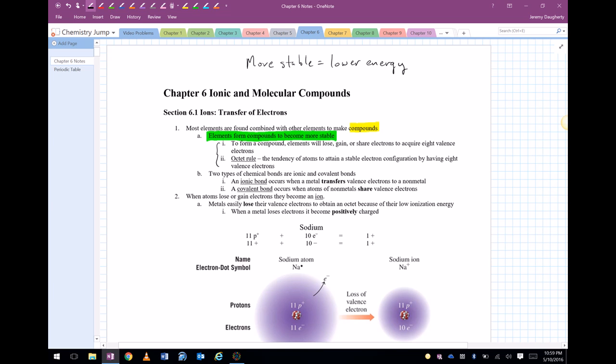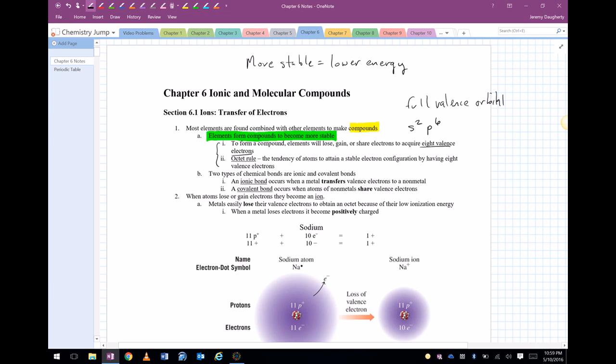Alright, now be careful with this next little part here. It says to form a compound, elements will lose, gain, or share electrons to acquire 8 valence electrons. Now, what's special about that? Well, 8 valence electrons is that s2p6 configuration, which is a full valence orbital.